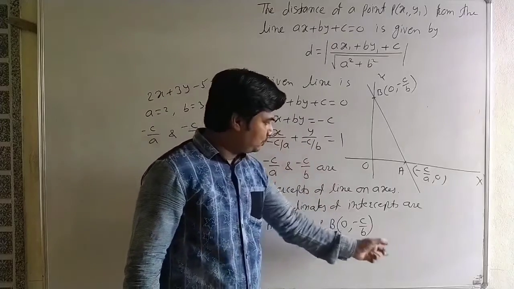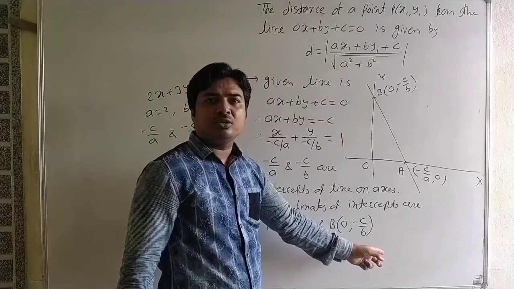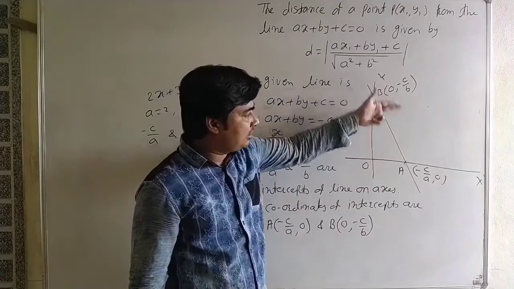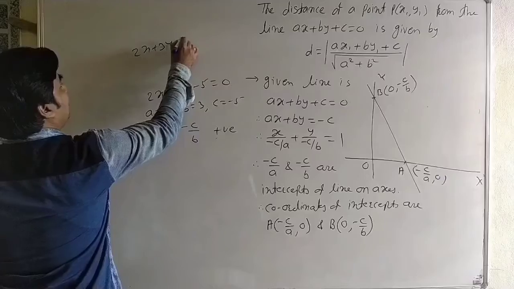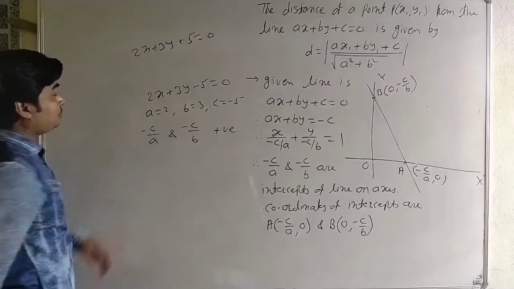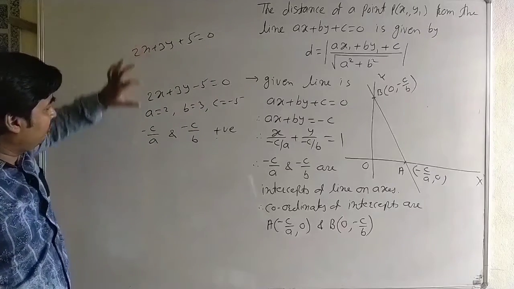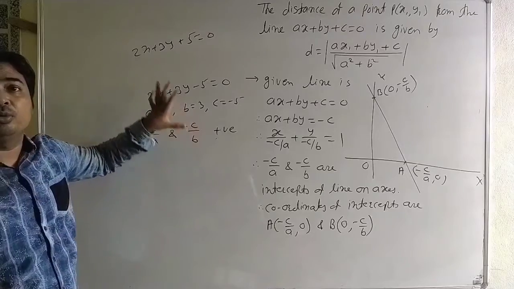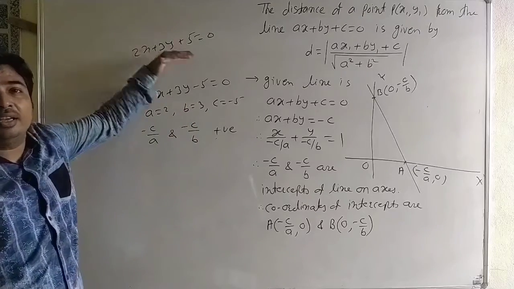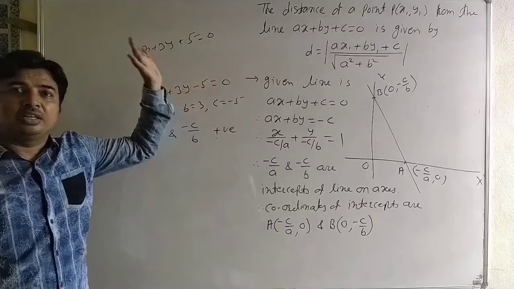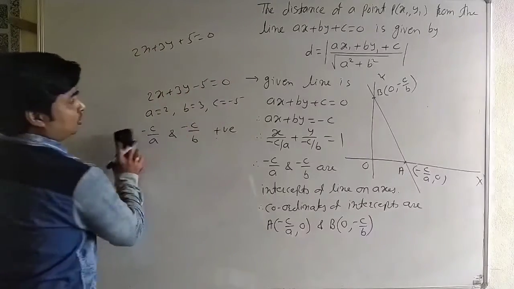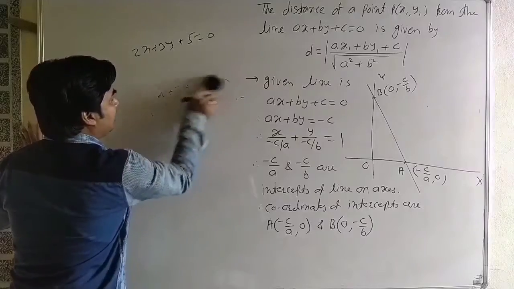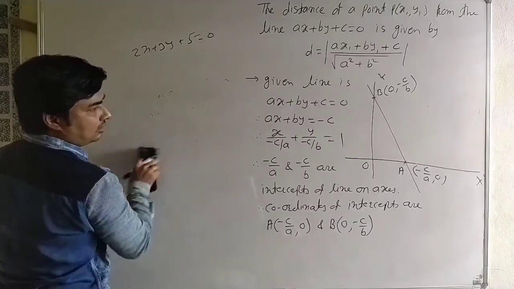If both intersect the negative x-axis and negative y-axis, for example if the equation is 2x plus 3y plus 5 is equal to 0, then the values of minus c by a and minus c by b are both negative. That means the line intersects the negative x-axis and negative y-axis. Don't confuse the signs of minus c by a and minus c by b.